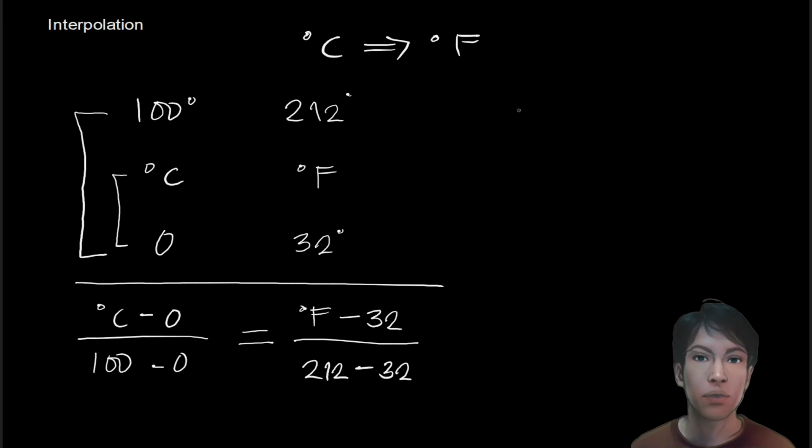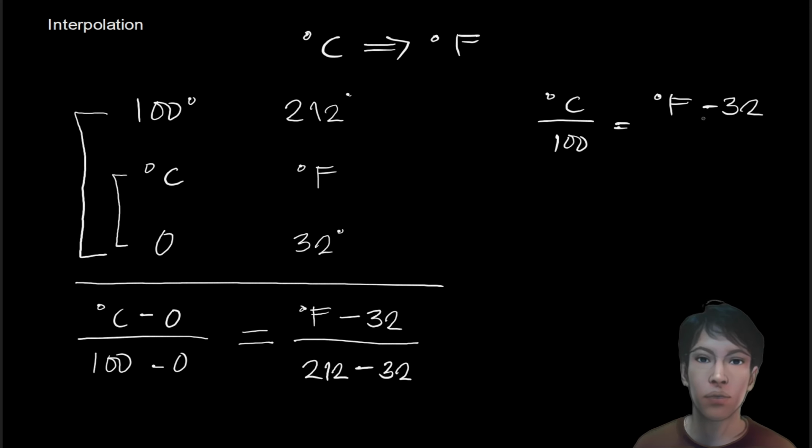Simplifying, we get degree C over 100 equals degree F minus 32 over 180.